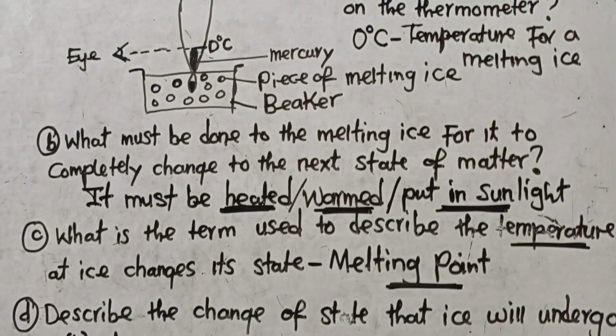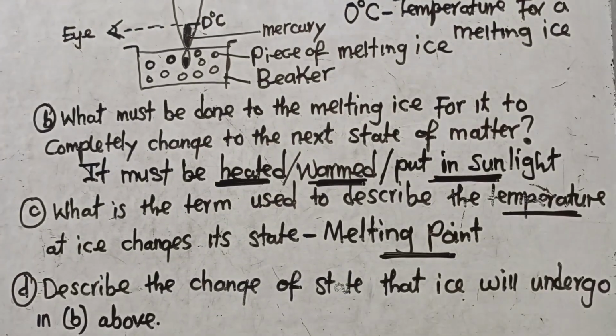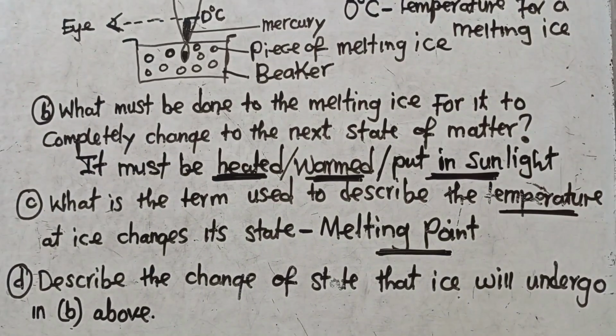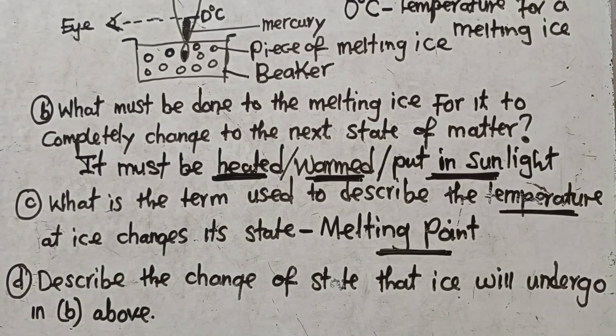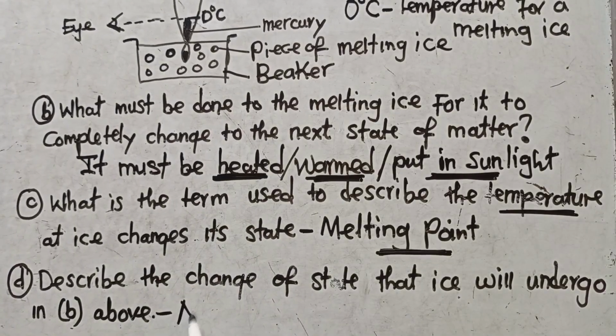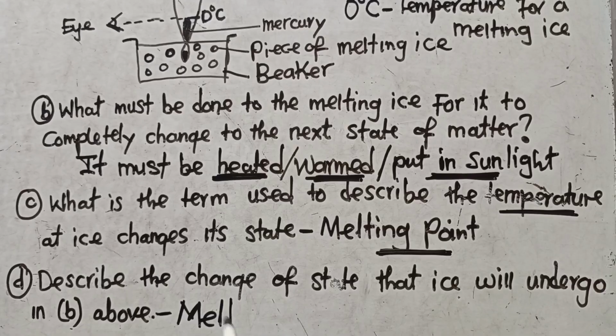The last question says, describe the change of state that ice will undergo in B. Once ice is heated, that change of state is called melting. This is what you are supposed to understand.